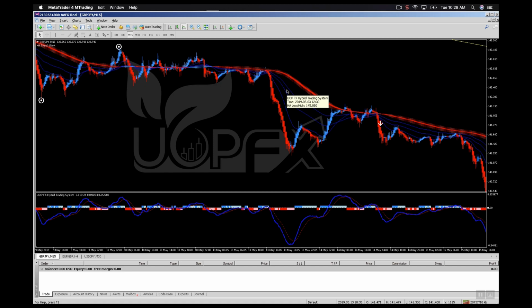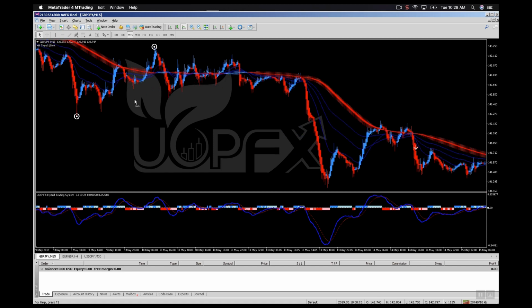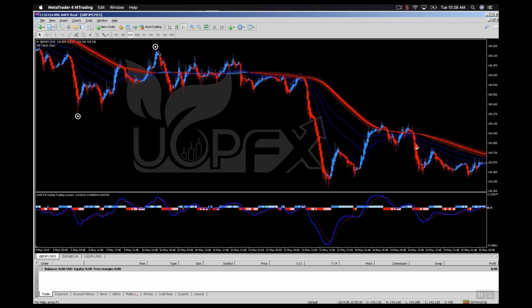So if you wanted to catch this move, when the market went up to here, hopefully you can see my mouse cursor, I would have taken my signal line from this white dot and drawn this: 1 touch, 2 touch, 3 touch. My stop loss would have been right where this white dot is, and you see price never got there, and I would have entered the trade on the trend line break.